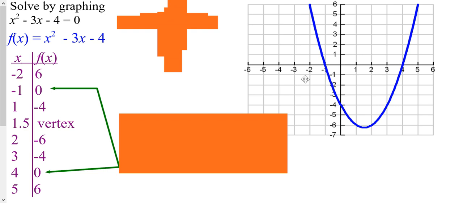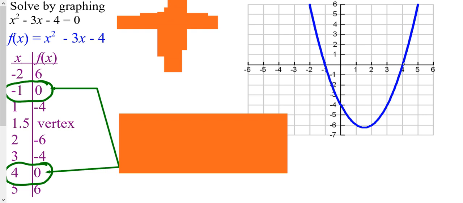Now, there's 2 ways to identify your zeros or your answers, and that's when your y value is 0. And well, we have that right here, so we know one answer is at -1 and one answer is at 4.